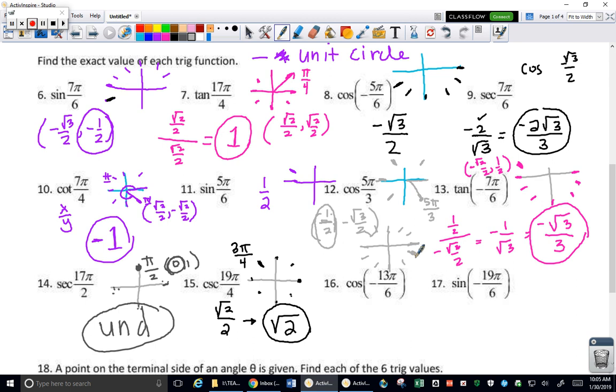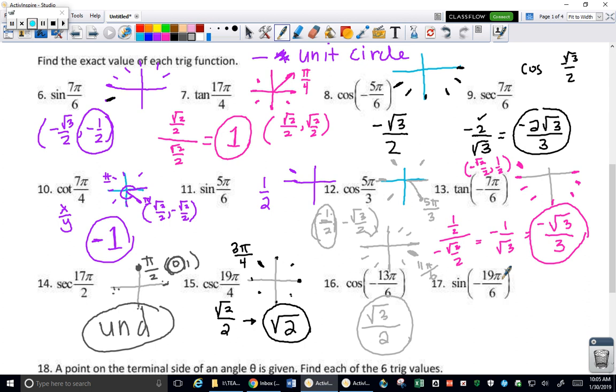So one more is right here, negative 13 pi over 6, which is the same spot as 11 pi over 6, which has an x value of root 3 over 2. Sorry, that's a root 3. Root 3 over 2, positive, is the x value down there in the fourth quadrant.